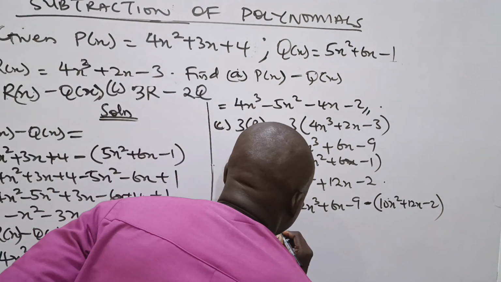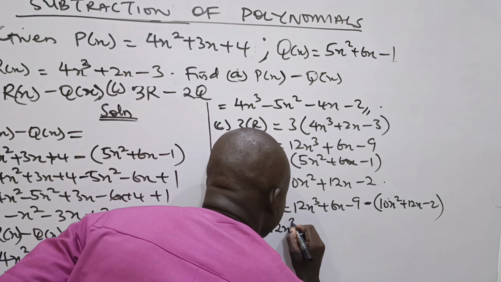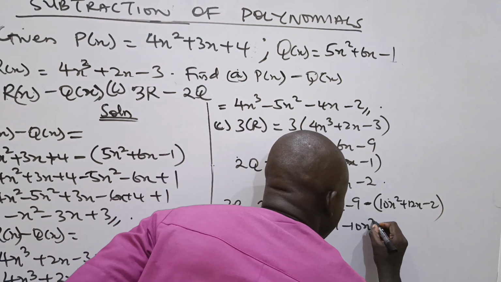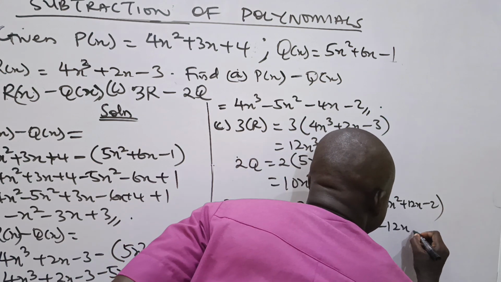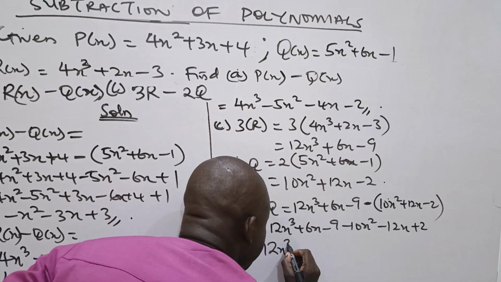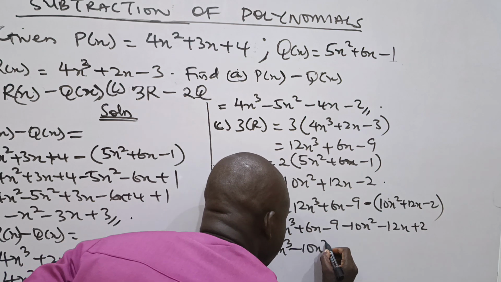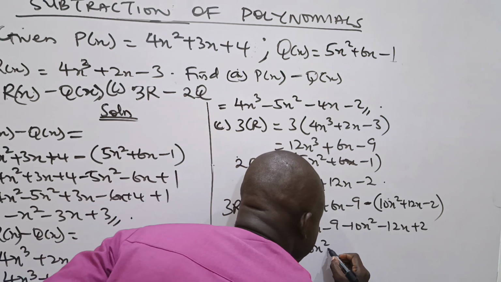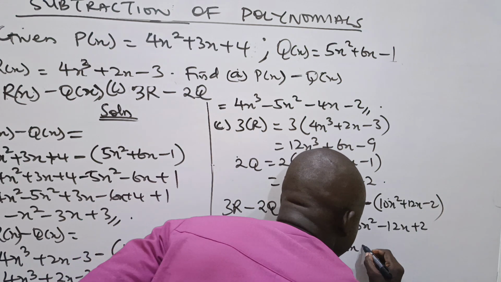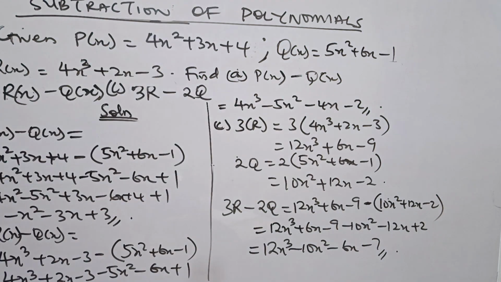So at the end of the day, we are going to have 12x cubed plus 6x minus 9 minus 10x squared minus 12x plus 2. Finally, we are going to have 12x cubed, then minus 10x squared, 6x minus 12x, that's minus 6x, minus 9 plus 2, minus 7. And that will be the final answer that we are going to get there.